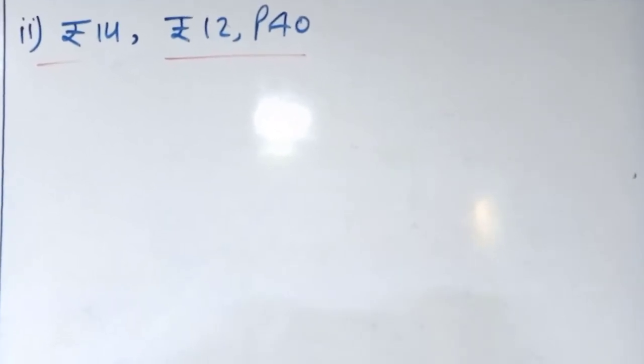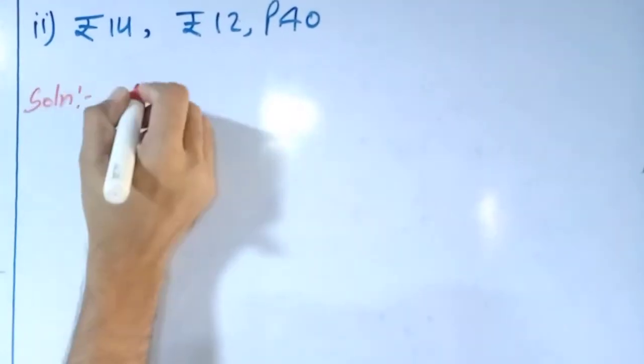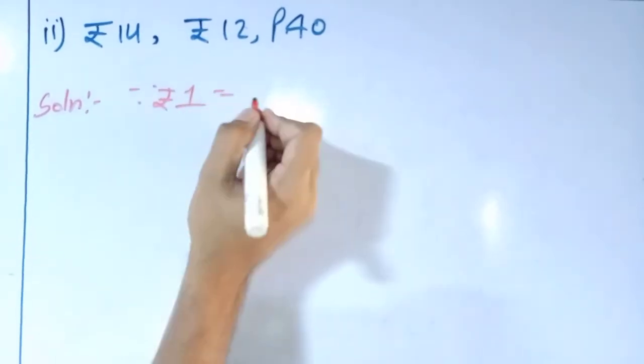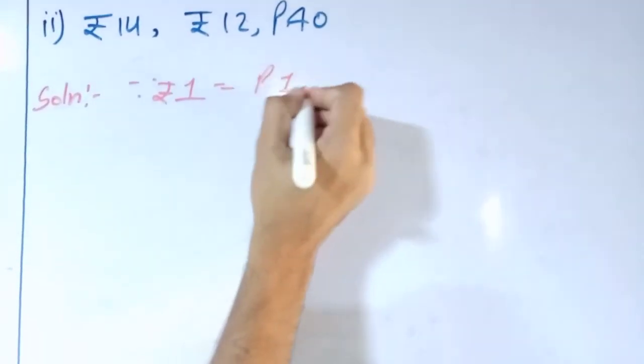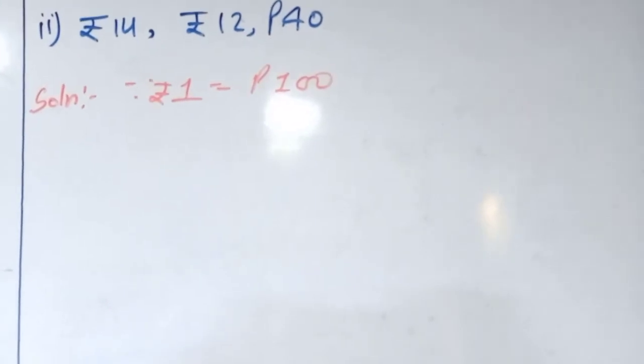So first we have to write, let's start, because 1 rupee is equal to 100 paise.